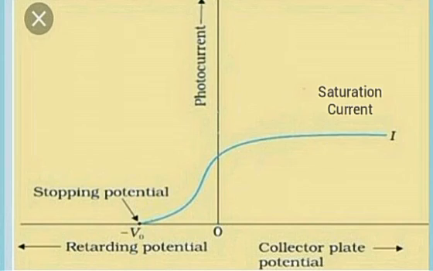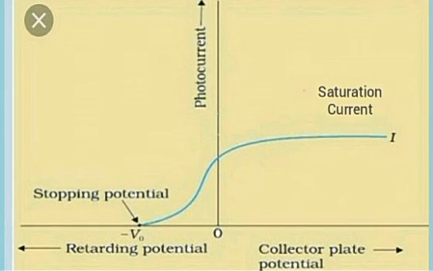Here on increasing the positive potential, or the accelerating potential, what happens? The graph nature is curve, right? Here the photocurrent gradually increases. At some stage it reaches maximum value, right? So again the potential is increased, but current does not increase.